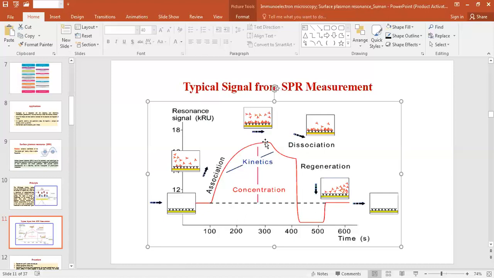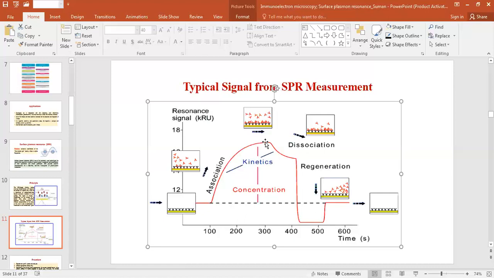After a certain time of injection, a steady state is achieved, where binding and dissociation are both in equilibrium.